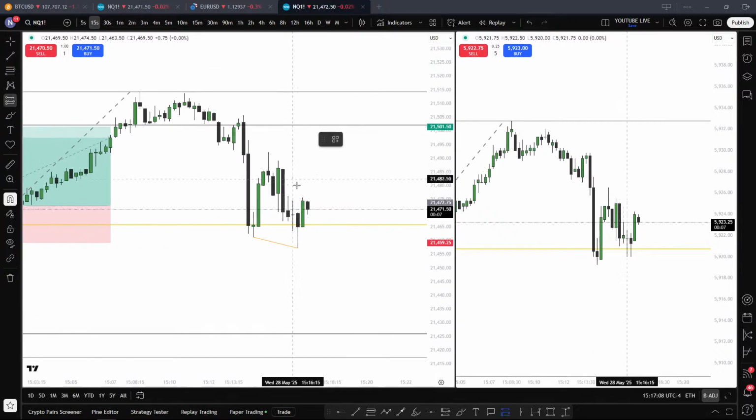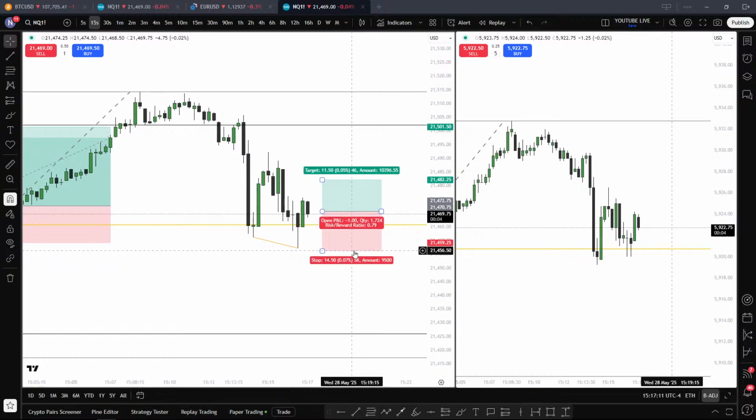This order block, all that order block could be nice.